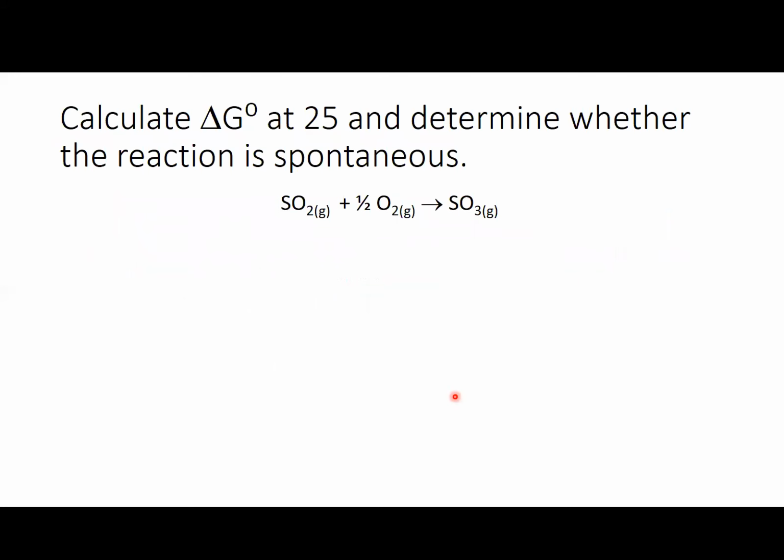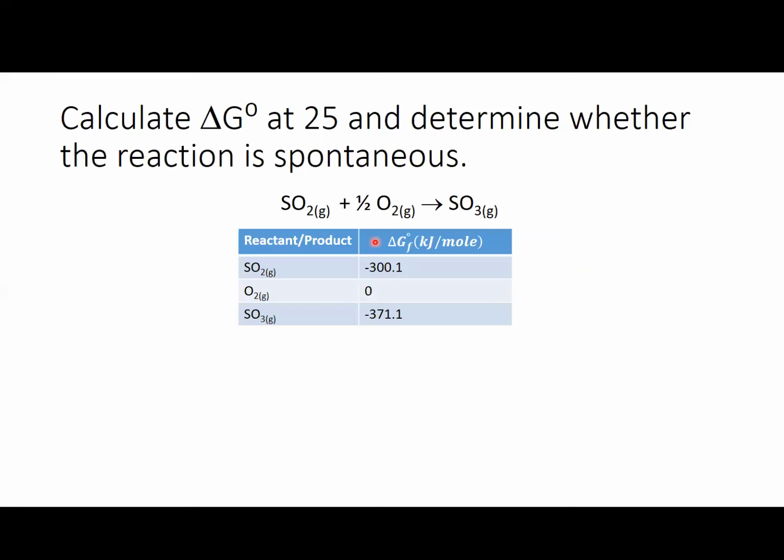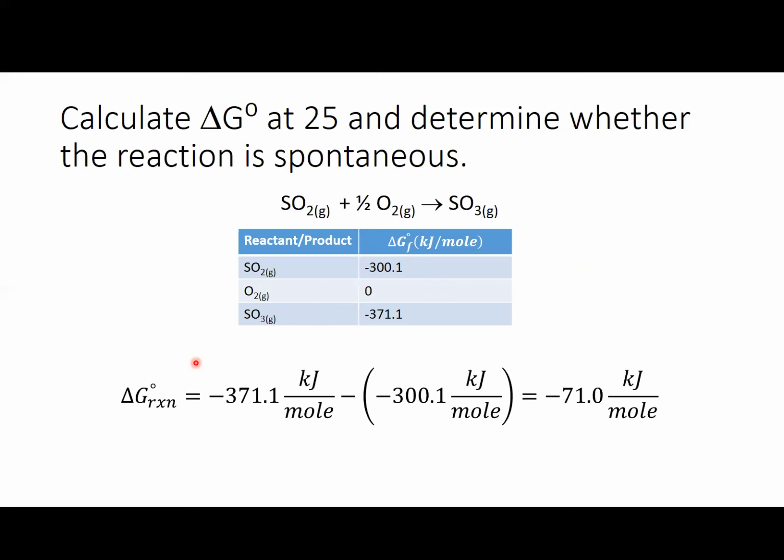So how do I calculate this at 25 degrees Celsius and determine whether or not it's spontaneous, using those delta Gs? I looked up in the book the values of delta G for these two. Again, for oxygen, it comes out to 0. I plug it in, so negative 371.1 minus negative 300, and that comes out to negative 71.